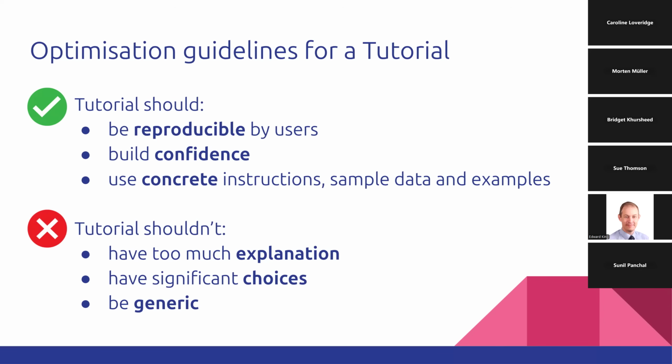Next one is concrete instructions and sample data and examples. If we do a tutorial and we revert to something generic, generic storytelling, how you can do something abstract, and what you could do if you would encounter some abstract generic situation, it's not really helpful. The most helpful tutorial would be more practical and specific than that, I guess.